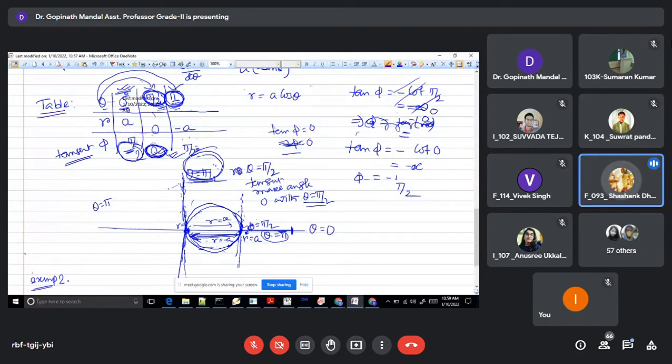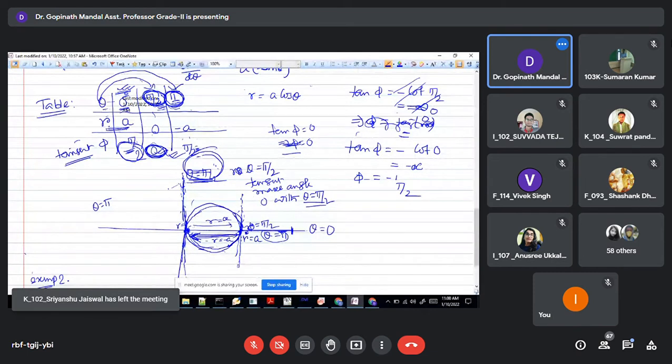Sir, in this why we haven't calculated from the actual origin? So here r equal to minus a, why we haven't calculated from the actual origin? Actually, in polar curve, we find the distance r equal to a.